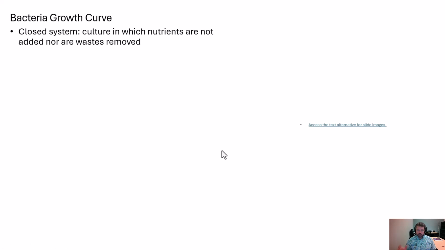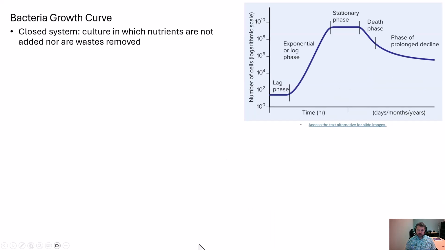So, closed system, talking about maybe a test tube or a petri dish, the waste is not removed and new nutrients are not being added. And this is what we'd expect in a situation like that. Say you inoculate a plate or a broth in a falcon tube or a test tube.